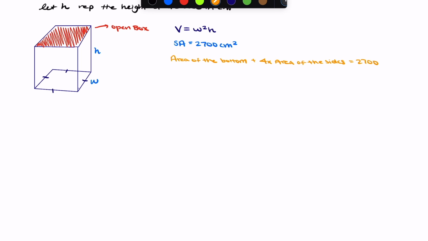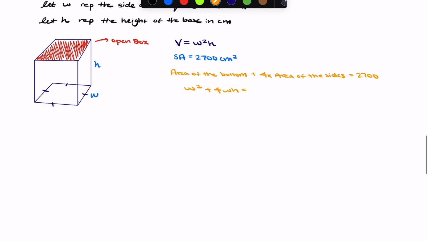So here the area of the bottom is width times width, which is width squared, plus 4, and the area of the sides would be width times height, equals 2,700.